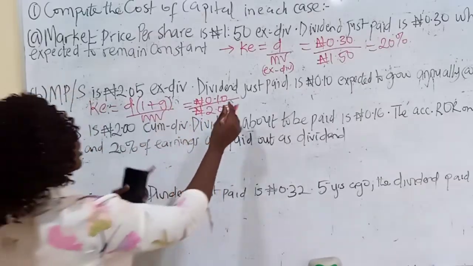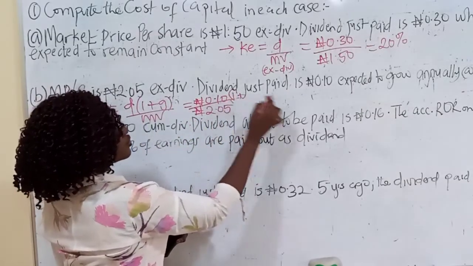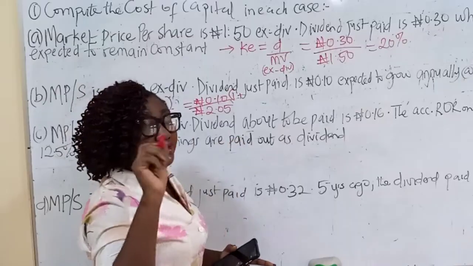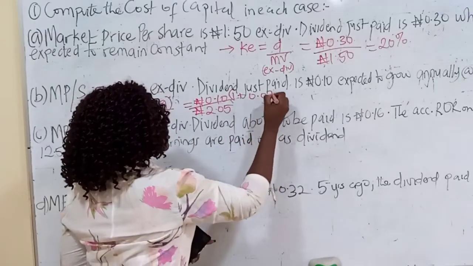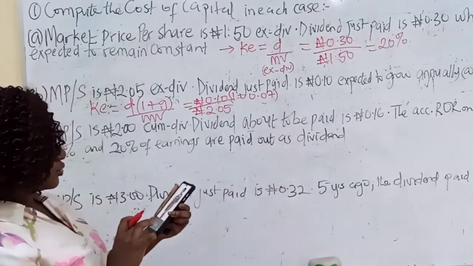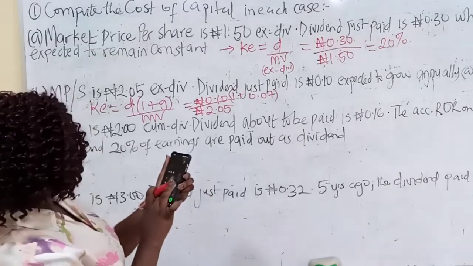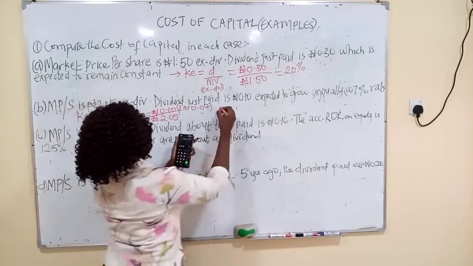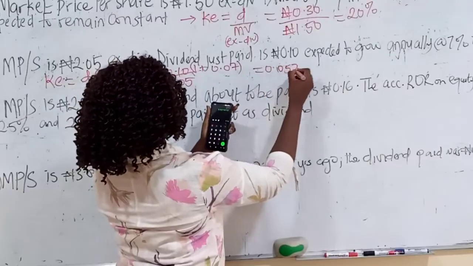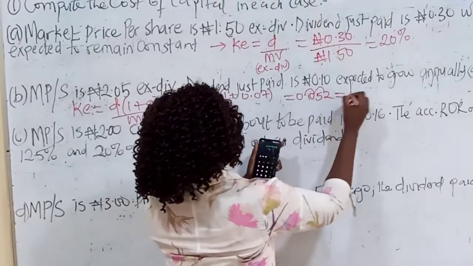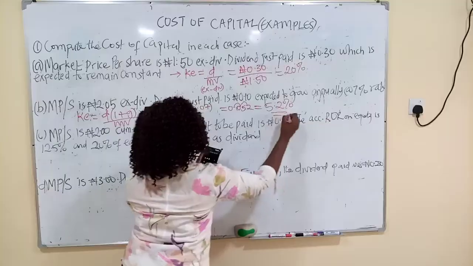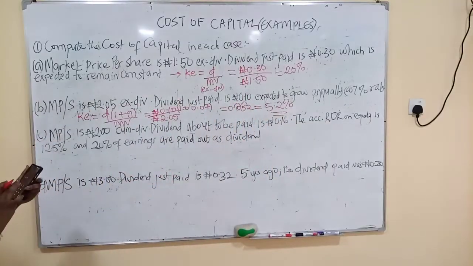It is ex div. Don't forget to add your 1 plus growth. 7% is 0.07. Then you solve. So put that in your calculator, and that will give you 0.052. That is 5.2%. So that's the cost of equity here.